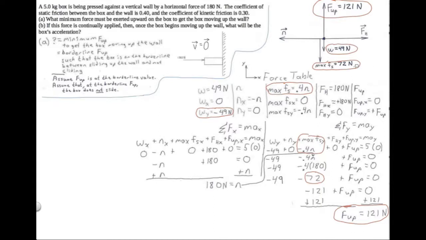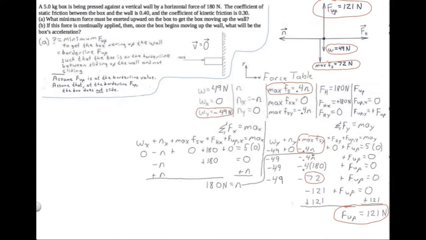Well, we know that the magnitude of the weight force is 49 newtons, and in the course of our work on the Newton's second law Y equation, we also determined the magnitude of the maximum static friction. At this point, we determined that the magnitude of the maximum static friction is 72 newtons. So I'll record that here.